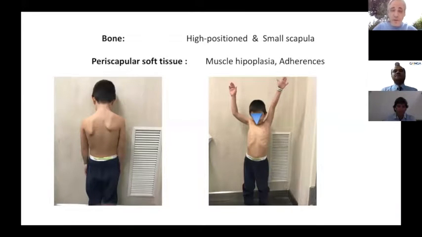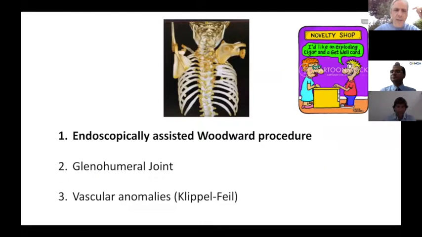Novelties. Well, you know that in Sprengel deformity, not only the bone is involved, so the scapula is high positioned and small, but there are also periscapular soft tissue abnormalities with muscle hypoplasia and adherences.